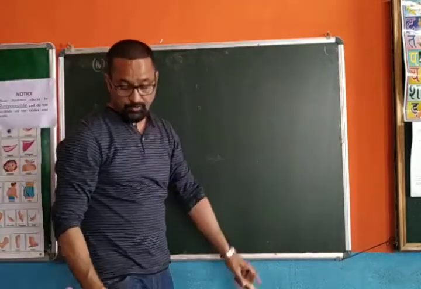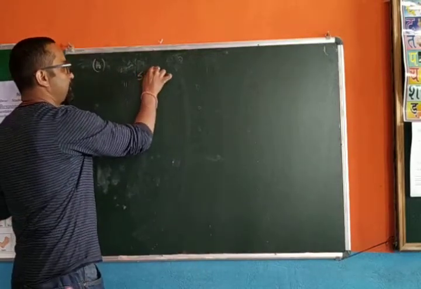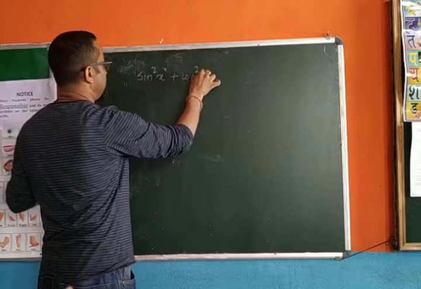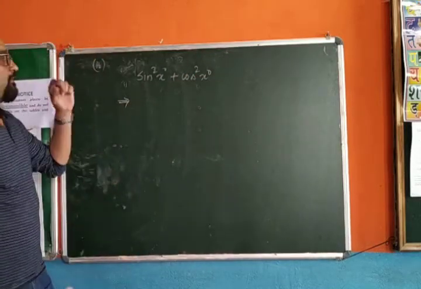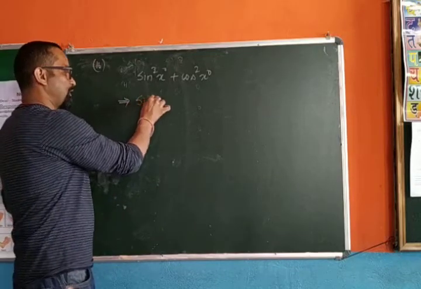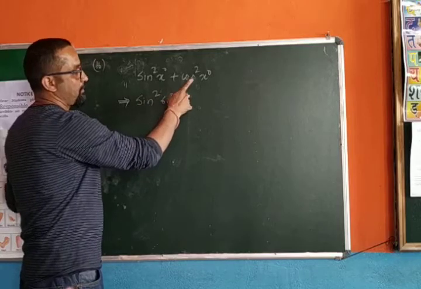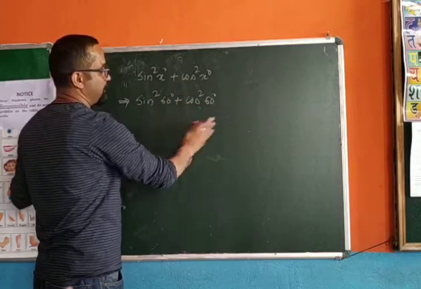Second one, the question says to find sin square x degree plus cos square x degree. Sin square you write as it is, x we know is 60 degree. Cos we write as it is, 60 degree.